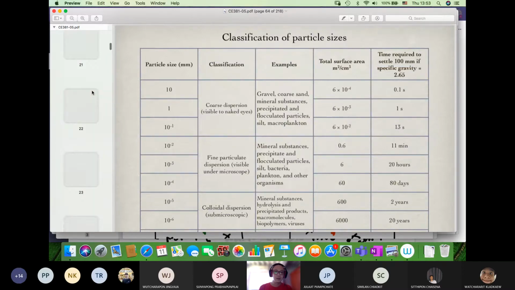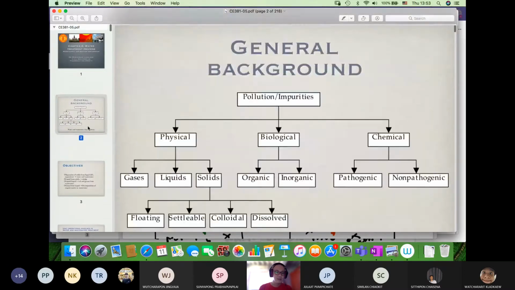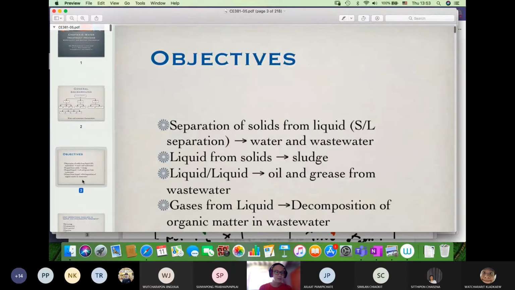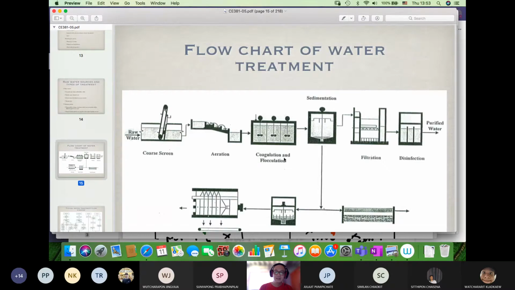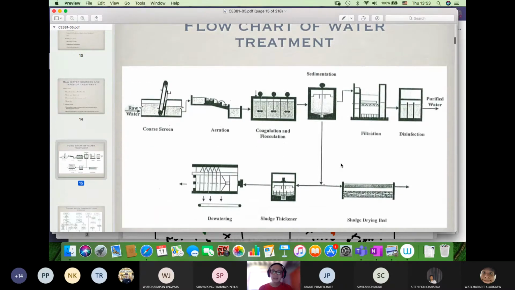According to the water treatment flow diagram, I think in the first chapter you have seen this flow diagram already.